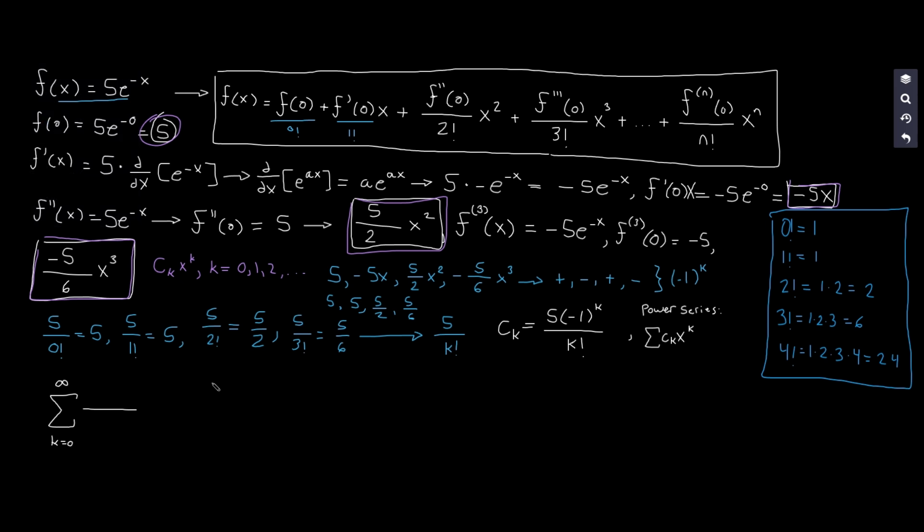And so we can write in our c sub k, which is 5 times -1 raised to the power of k over k factorial, times x raised to the power of k. So this is how you would write this as a power series.